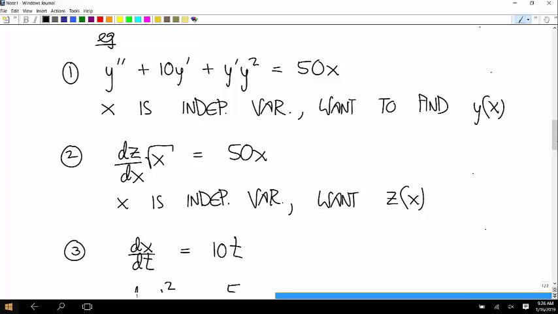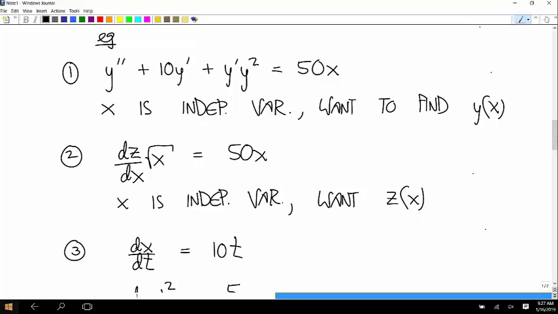Well, this is a second order derivative. Let's forget about that for now. We could deal with that step by step, but let's go to these two. Are either of these two of a form where we could express this as the derivative of the dependent with respect to the independent is equal to a function of the dependent times a function of the independent? That's what we're looking for.